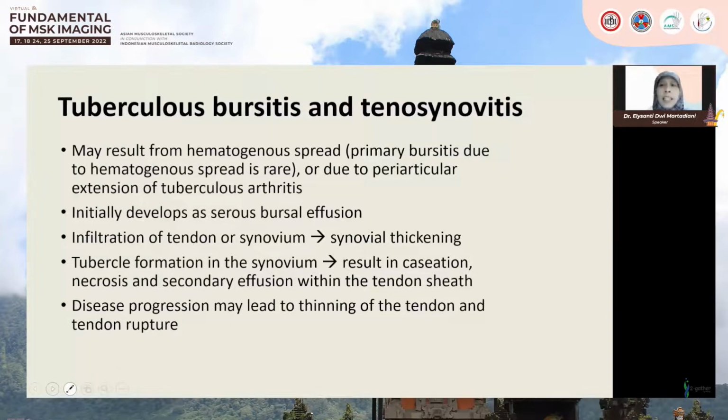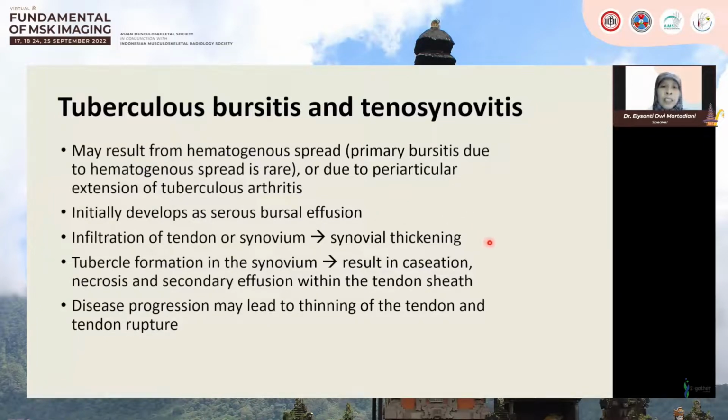Tuberculous bursitis and tenosynovitis may result from hematogenous spread, although primary bursitis due to hematogenous spread is rare. They can also happen due to periarticular extension of tuberculous arthritis. Tuberculous bursitis initially develops as serous bursal effusion.